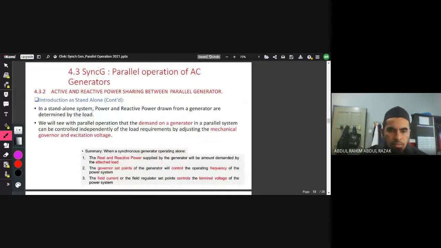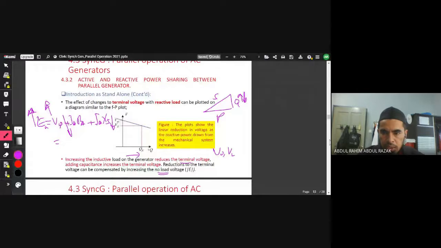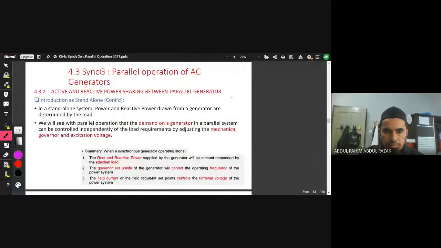In a standalone system, the power and reactive power drawn from the generator are determined by the load. As I told you before, we are not supplying the load, but instead the load will draw the current from the system. When we put a generator to the load, the load itself, or the motor, will draw the current.